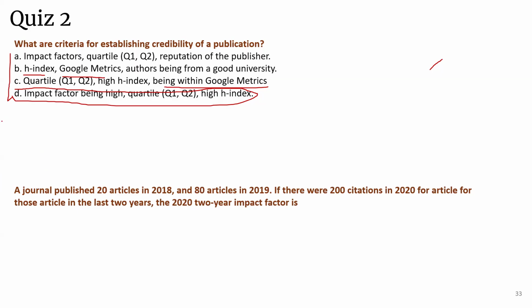So to the 20 plus 80 articles, 100 articles that have been published in 2018 and 2019, there have been 200 citations in 2020. So the impact factor is 200 divided by 100, it is 2.